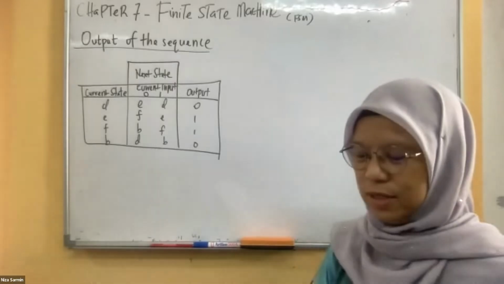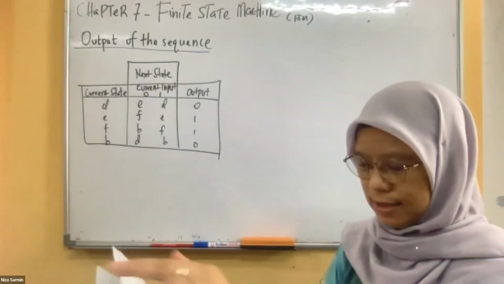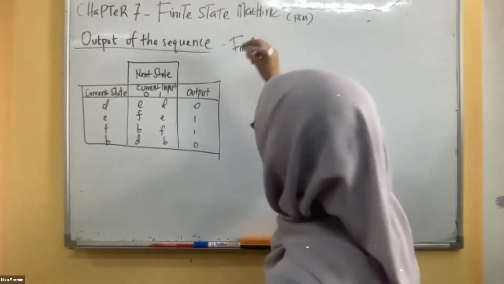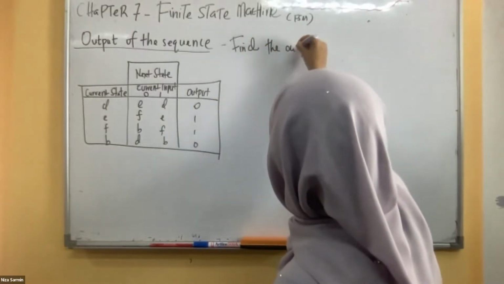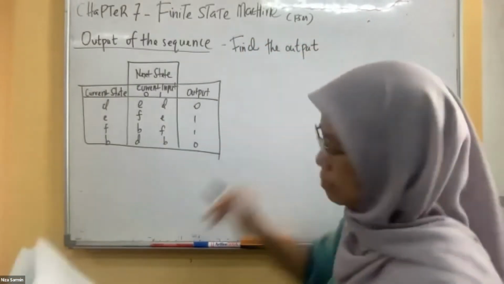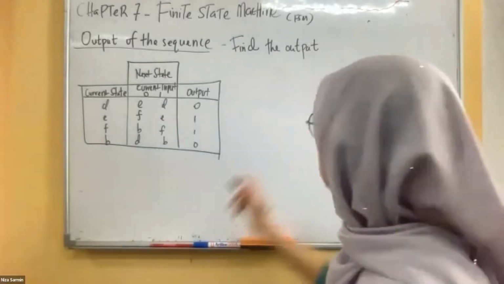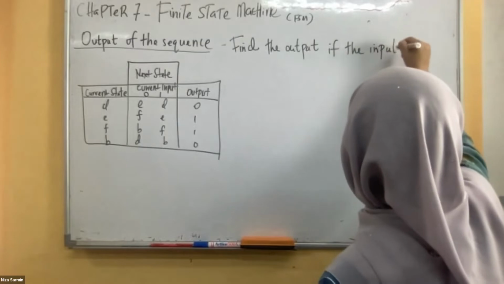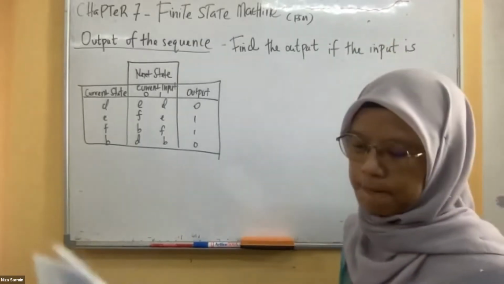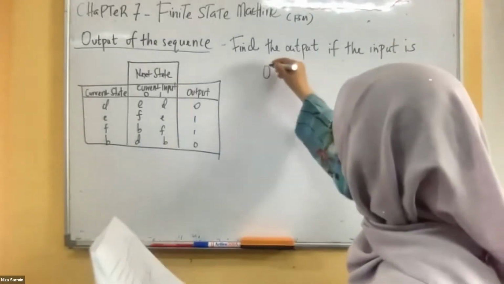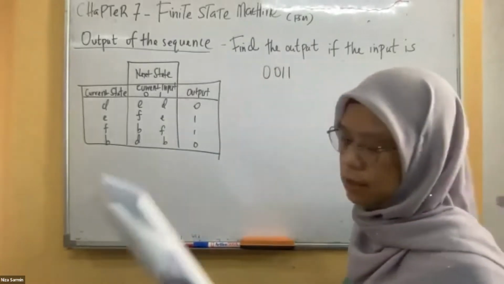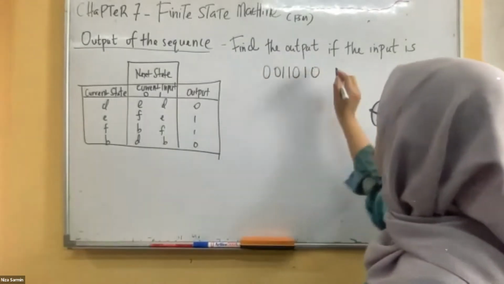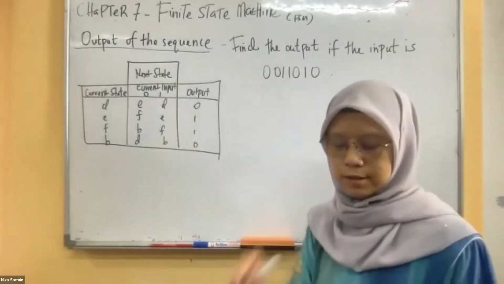All right, with this machine, find the output if the input is 0, 0, 1, 1, 0, 1, 0.